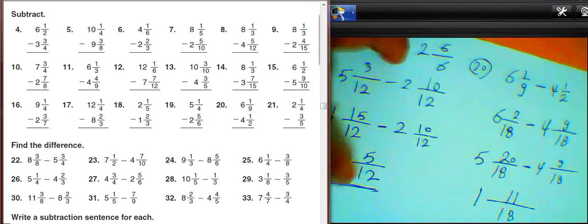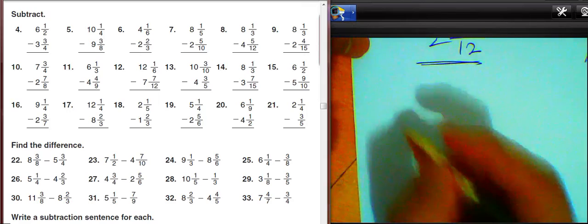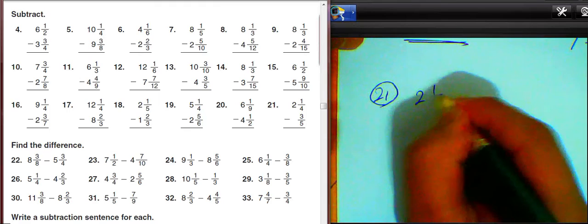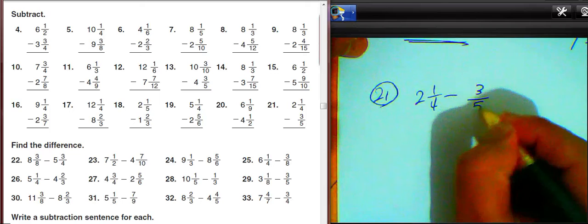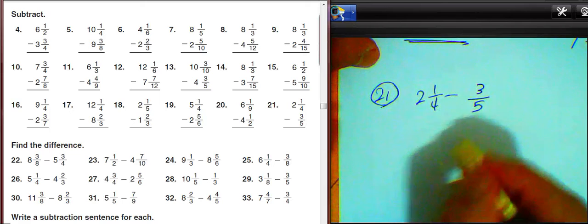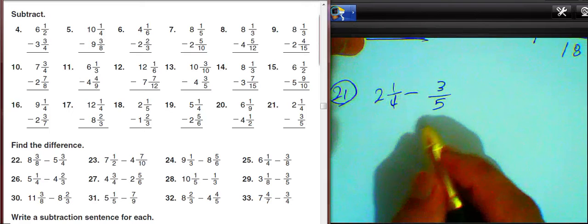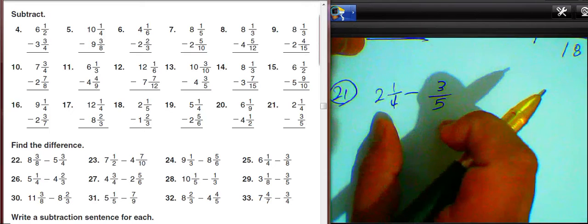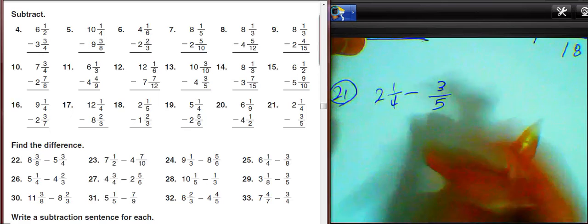Question 21. 2 and 4 subtract 3 over 5. We can find the result using the least common multiple. It will be 20 because for 5 and 4, the least common multiple is 20. 5 plus 5 plus 5 plus 5 equals 20.